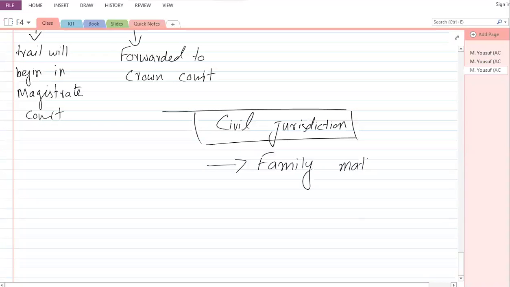If there is a dispute between family members, then magistrate court will hear these cases.